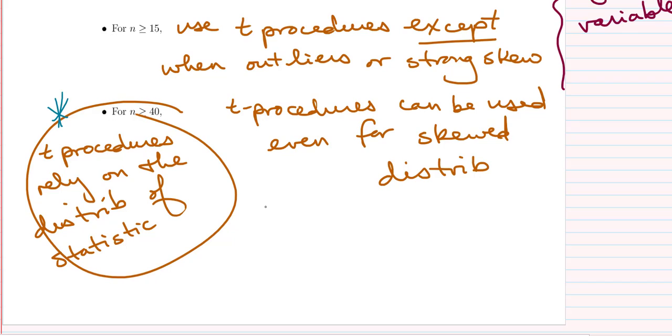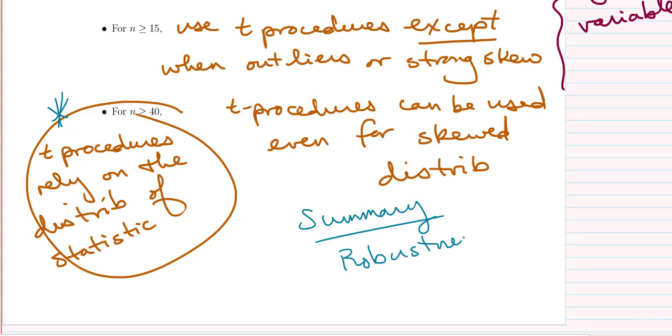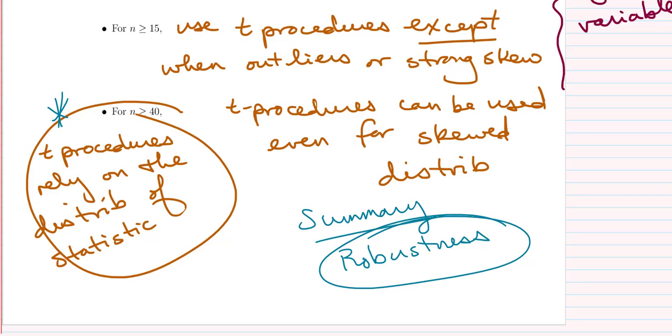Your sampling distribution, because a t-distribution is a sampling distribution, does approach normal if we're relying on theory. So in summary, this video goes over robustness, and you should spend some time trying to understand what this means. Hopefully this video helped.